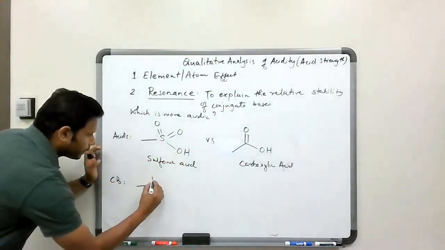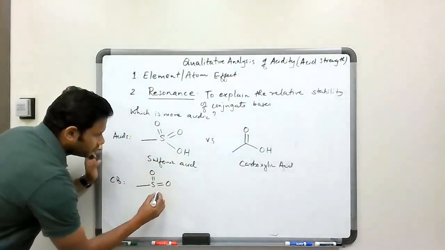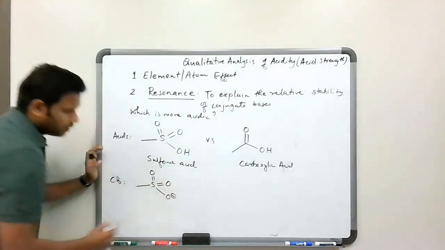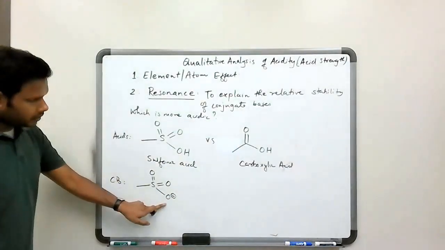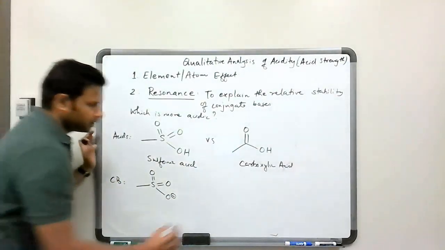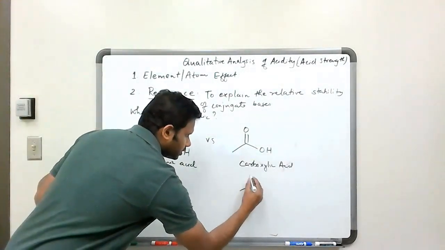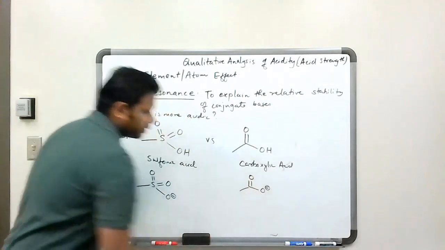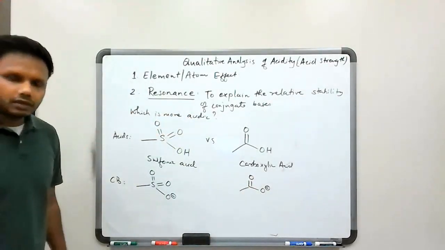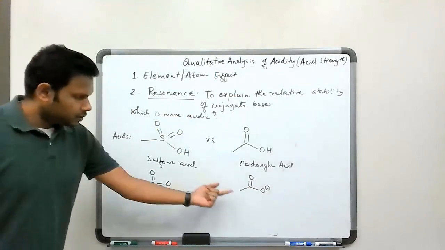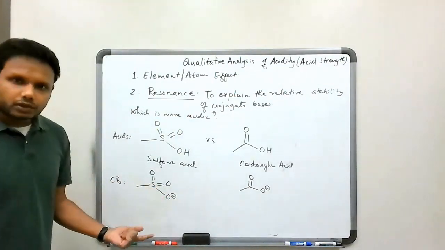So the conjugate base for this molecule should look like that, with O minus on that oxygen, versus the carboxylic acid, which is going to look like that. Now we have two conjugate bases for these two molecules.